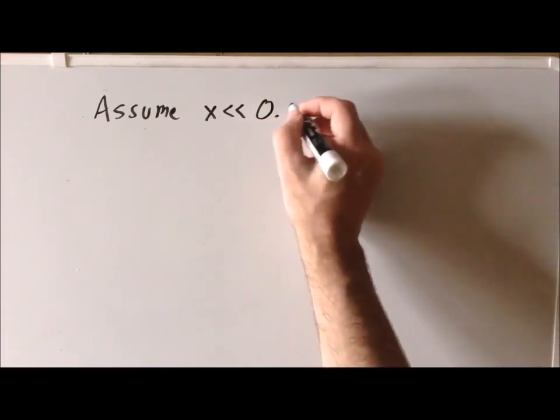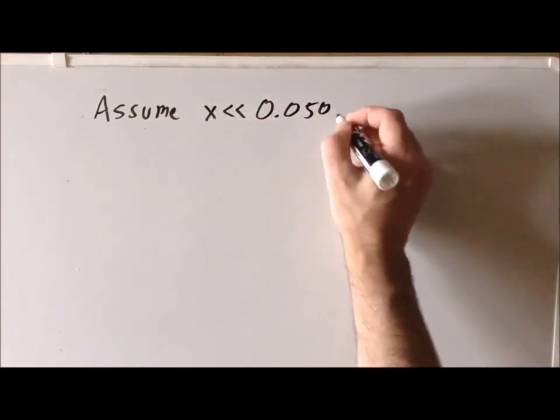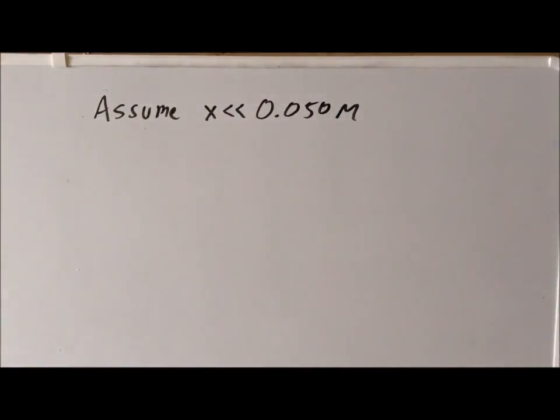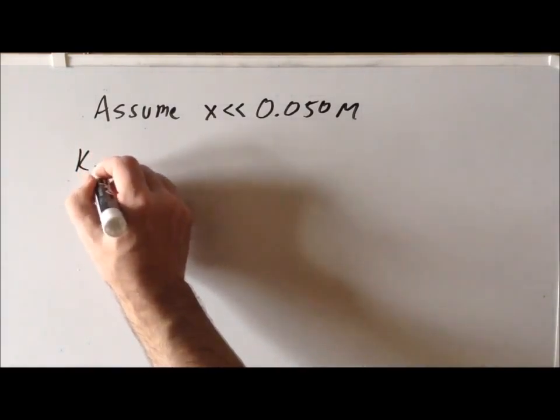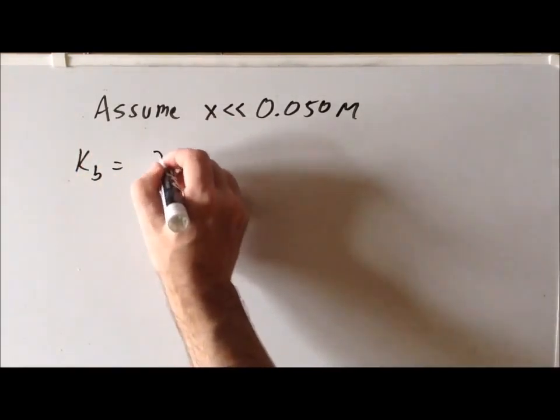So we can assume it's going to be much, much smaller than 0.050 molar. And later on in the problem, we're going to go back and verify that that is a true statement. But if we do make that particular assumption, that converts our equation for Kb into x squared.